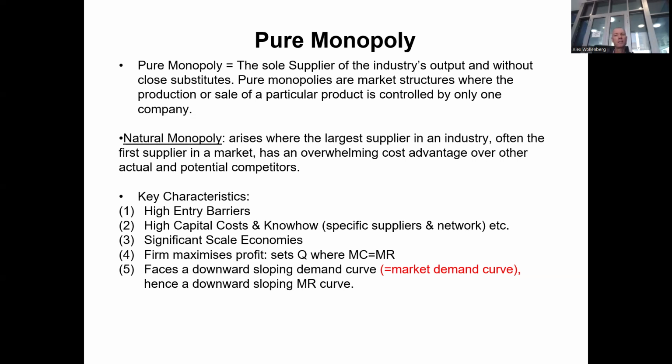unlike companies in perfect competition, unlike industries as well in perfect competition. So the marginal revenue curve is downward sloping. The marginal revenue curve, however, is not the same as the demand curve. It diverges from the demand curve, and that has to do with the monopolist's price setting power. To sell more, the monopolist has to lower the price, but it has to lower the price for everyone.